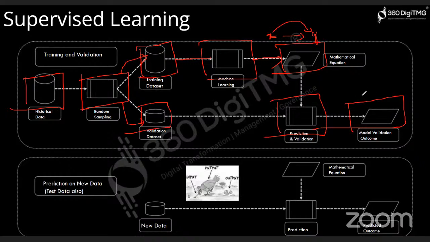Then we check the accuracy on this validation set. If our accuracy is not that good, we retrain. Here we try to tune our model. Until we get a good result, we carry on this tuning of the model, also known as hyperparameter tuning.